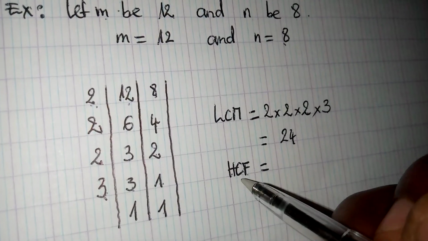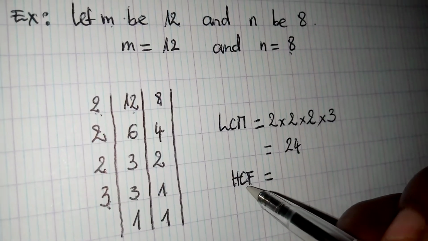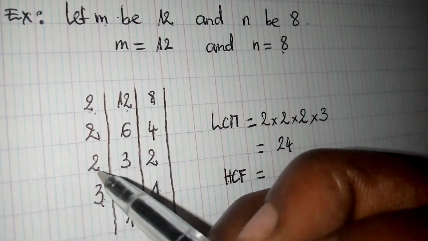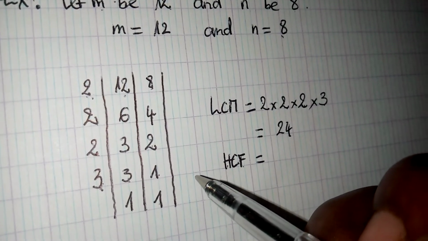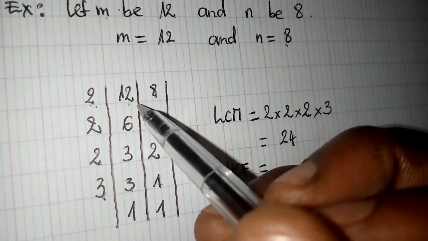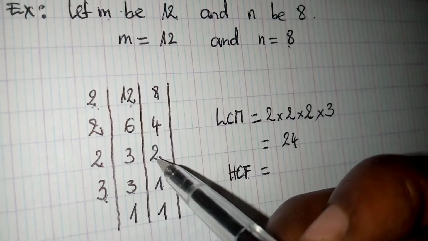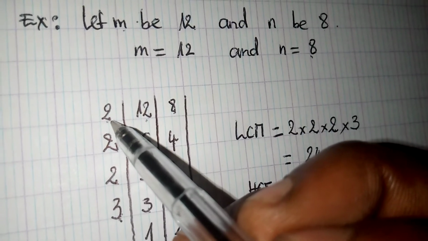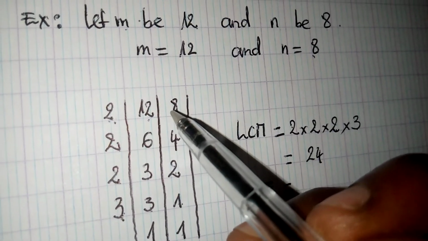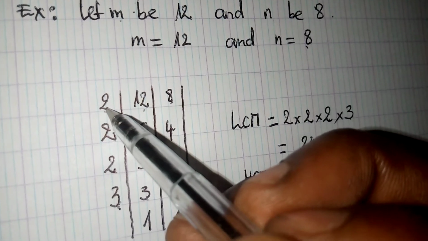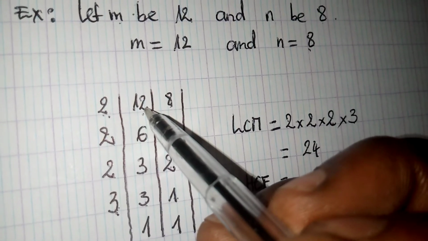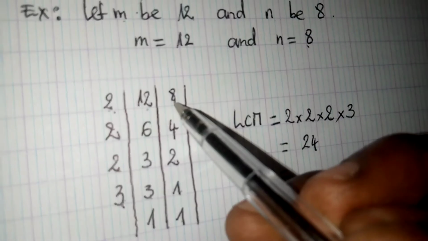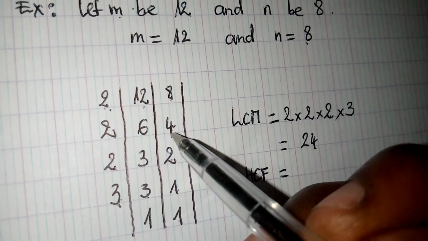Then the same for the HCF, highest common factor. When we find the highest common factor using this method from these factors, we select the factors which were common to both numbers we were given. So here, if we take this 2, we have seen that it has divided this 12, and we've got 6, and it has divided this 8, and we've got this 4.